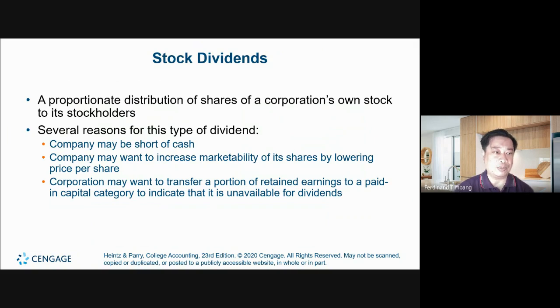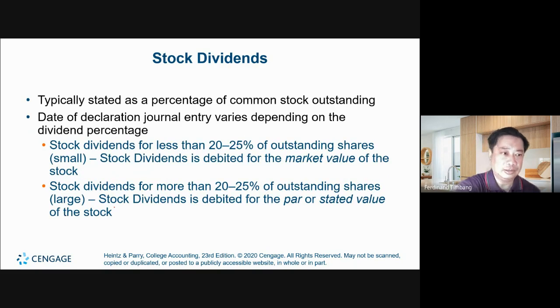And the corporation may want to transfer a portion of retained earnings to paid-in capital to indicate that it is unavailable for dividends. Typically, it is stated as a percentage of common stock outstanding. On the date of declaration, the journal entry varies depending on the dividend percentage.